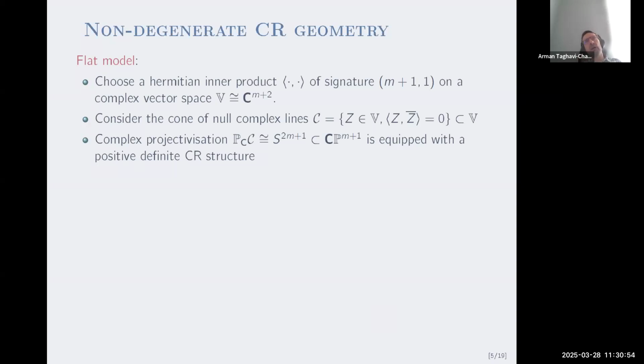Because it has Lorentzian signature, you can consider the cone of null complex lines in this complex space of dimension m+2. Then you take the complex projectivization of this null cone, and you end up with an odd dimensional sphere, which is a variety in complex projective space of dimension m+1. One can show that this is equipped with a positive definite CR structure.